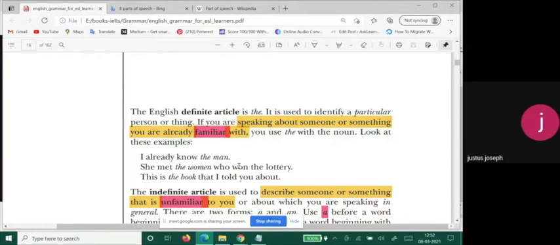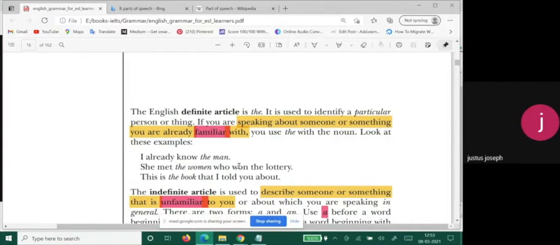Next to definite article, write in brackets: determiner. So what do you understand? It has another name, determiner. It's a word that says it's not something else. It determines something, right? It's a strong word. Okay.